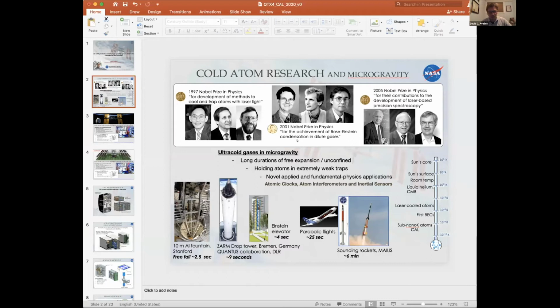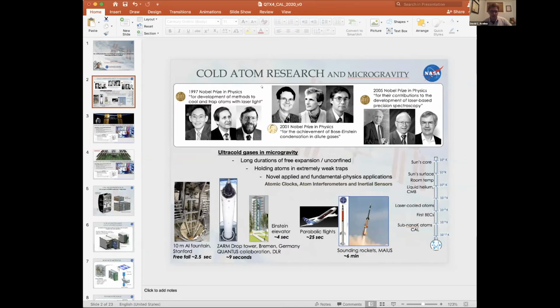And really that's where, going back even into the 90s, a lot of these physicists realized that there is a benefit by going to space or going to a microgravity system. We put this effort into getting a sample of atoms very cold and very dense.